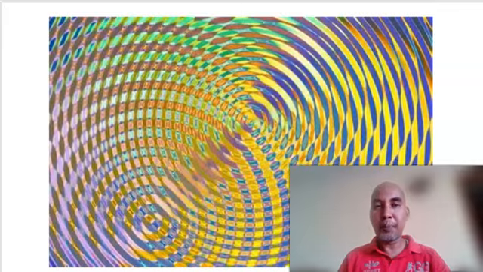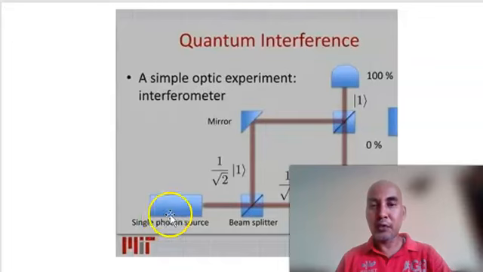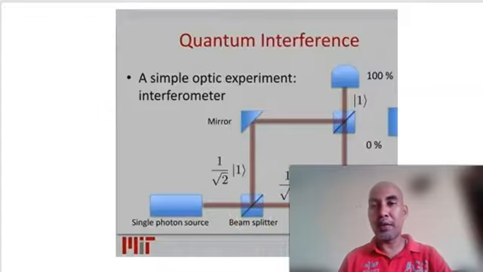So what is the output? The interaction of two electrons has created this much of a pattern, of positions, creating more possibilities for the qubits. This is a simple experiment for quantum interference. We have a single photon source and we split the beam into two. One is passed to a mirror and given to a particular position. At the same time, the other half of the wave is traveling to another mirror and reaches the same point.